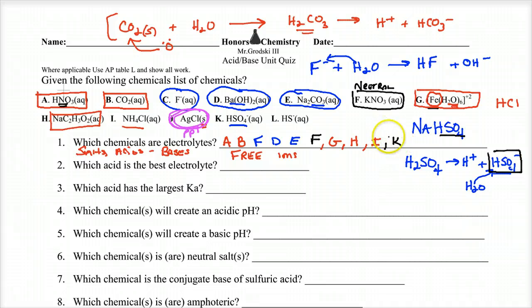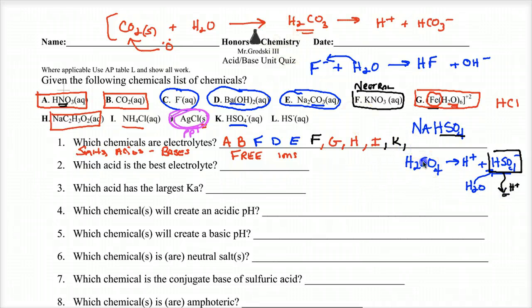But it is definitely going to be an electrolyte. It's not going to be a basic salt, and it probably has some acidity because it can give off its H+. So that's one to think about there.